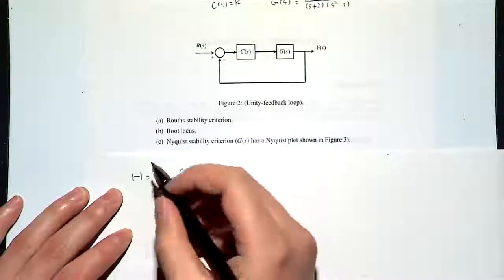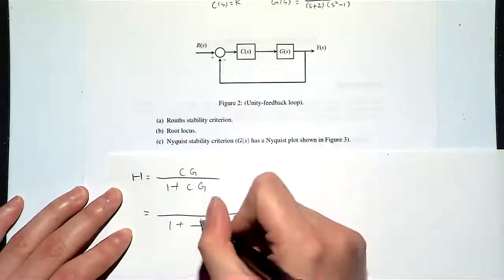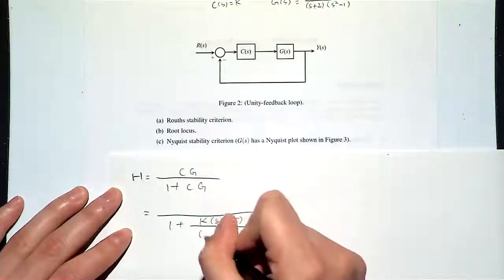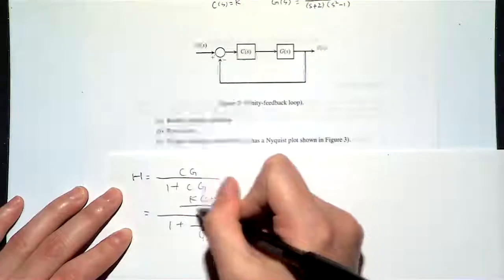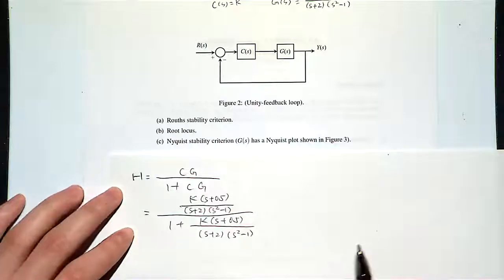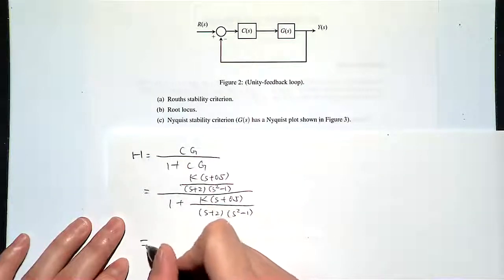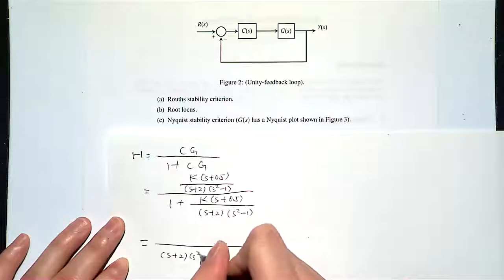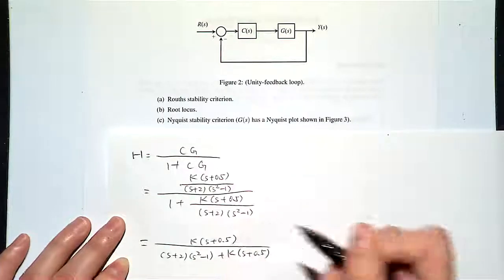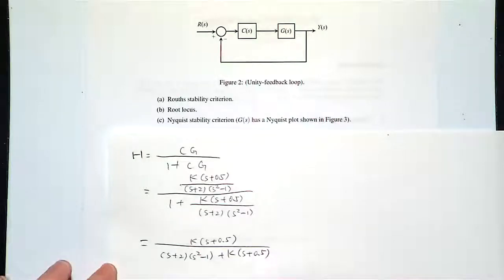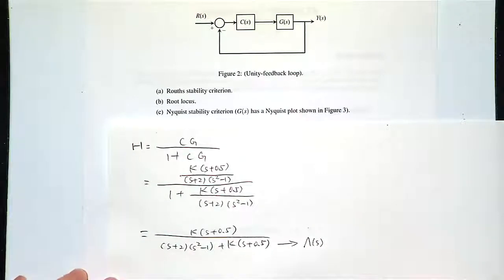And if you put them in and you reorganize the terms, well, I'll just write it. So it will be K times (s + 0.5), that will be (s + 2), (s - 1)(s + 1)... (s + 0.5). Right? So if you multiply these terms on both of it, you get, right? This is your characteristic polynomial, right?